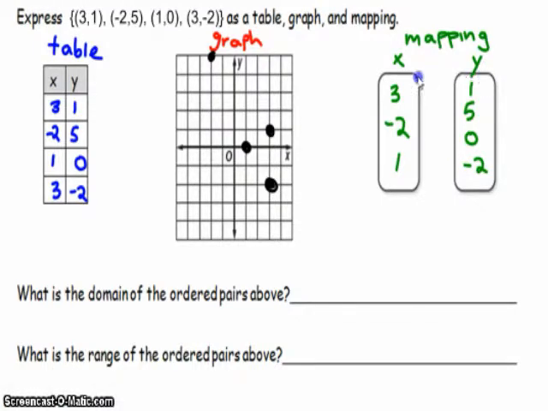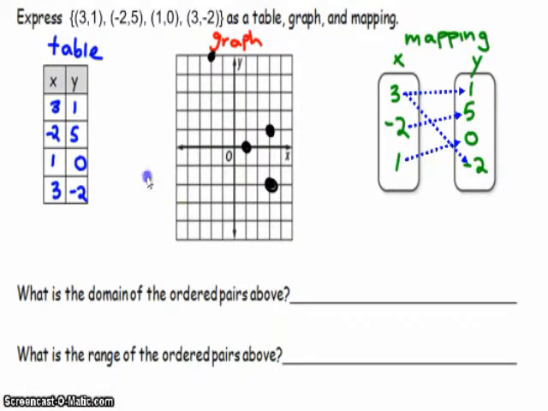So I have 3, 1, so I'm going to draw an arrow from 3 to 1, negative 2 to 5, 1 goes to 0, and 3 also goes to negative 2. And we have now represented our relation each of the 3 ways.